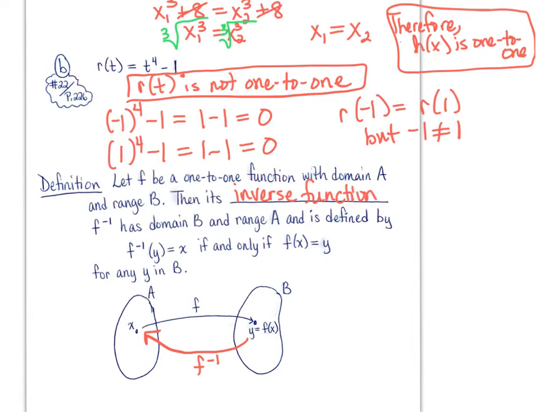So now we have the definition of an inverse function. An inverse function only exists if f is 1 to 1. So you will always have to make sure your function is 1 to 1 in order for you to find an inverse function of it.